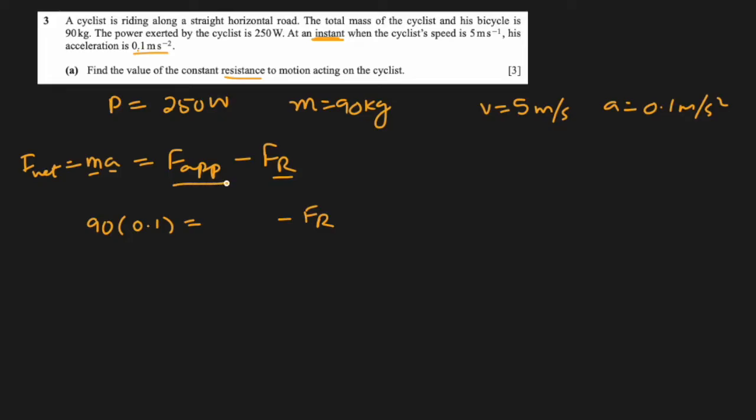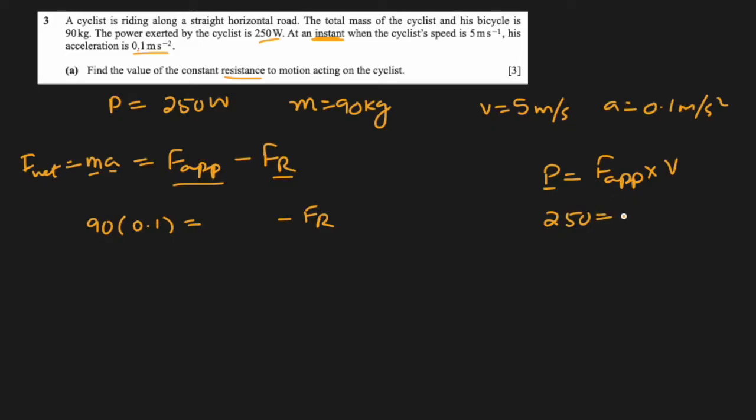That means this applied force should be known to us, and we can find this with the help of power. Power is the applied force times the speed at that time, and we have both of them. Power is 250 watts.